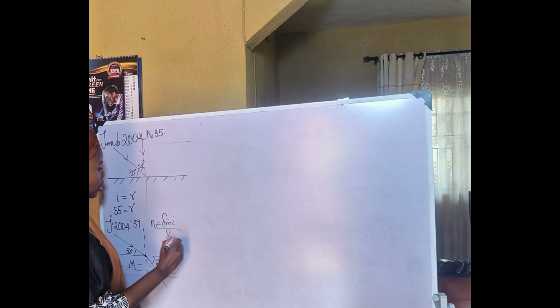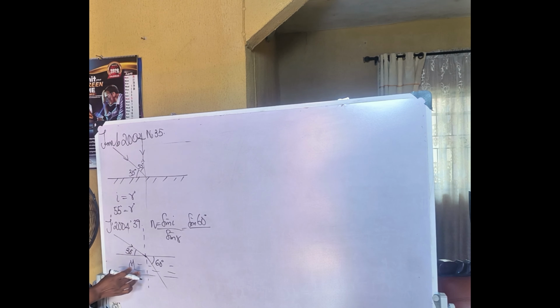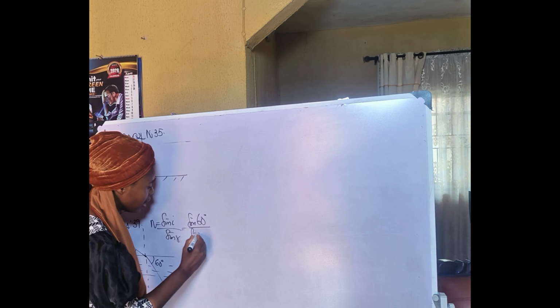What do I know? N is equal to sine I all over sine what? R. And what is my sine I? 30 is not my sine I. My sine I is 60 because this is the normal and the incident. So this is what? Sine 60 all over, what is my refracted angle? This is here and here. So this is 30. So this is sine 30.